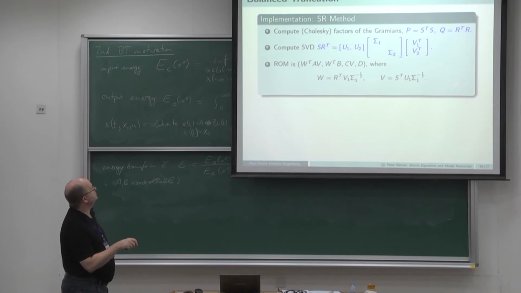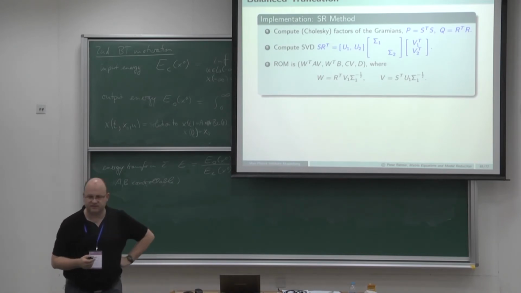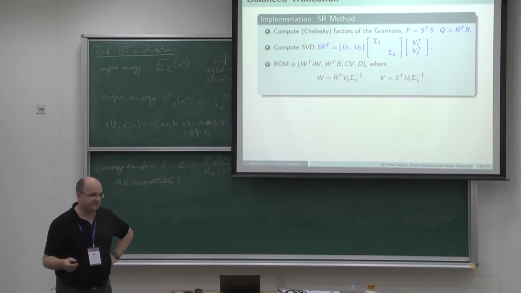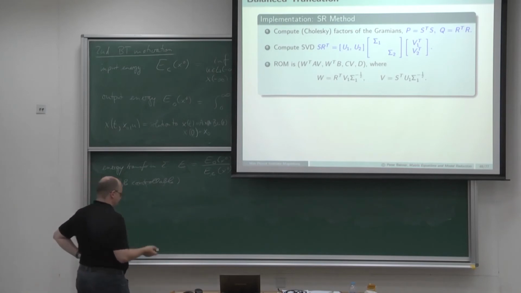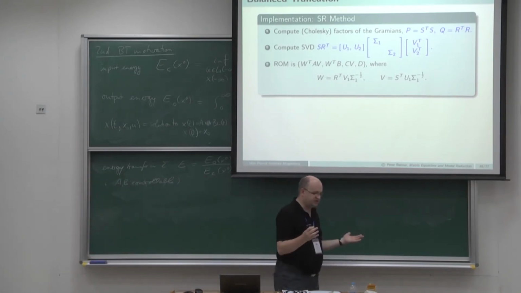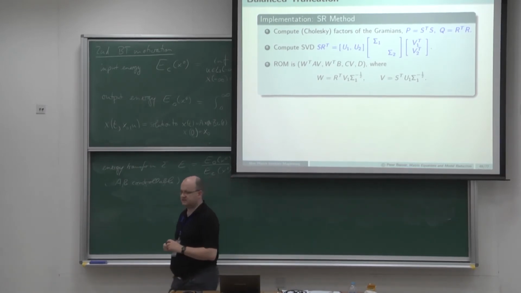Nobody tells you that that has to be the reachability and the observability gramian of the system. You can just take any symmetric positive semi-definite matrix here. The question is, will that give you a good reduced order model? Of course, if you use the reachability gramian and the observability gramian, it gives you a nice model with nice features as long as your Hankel singular values decay fast enough.